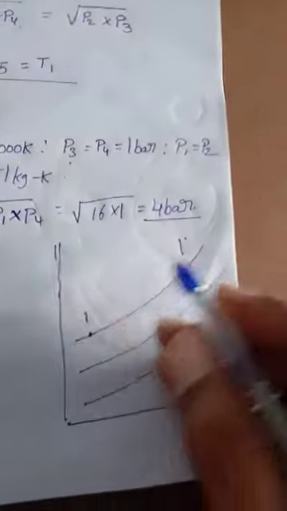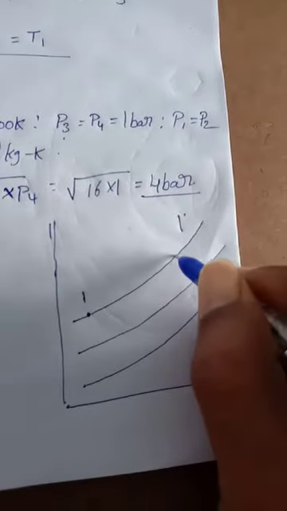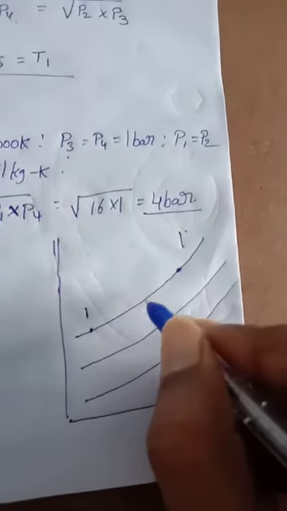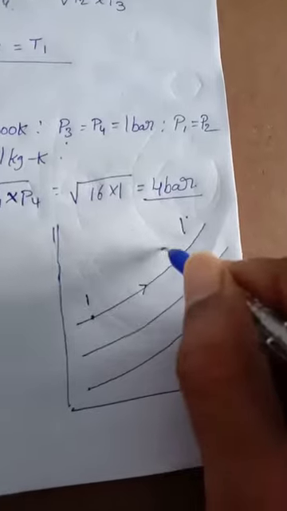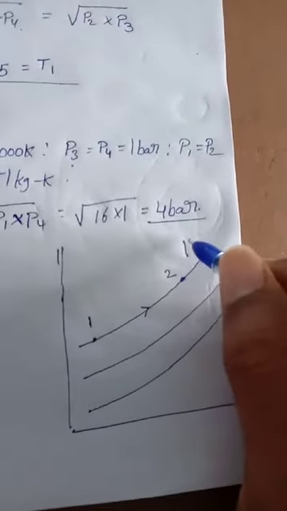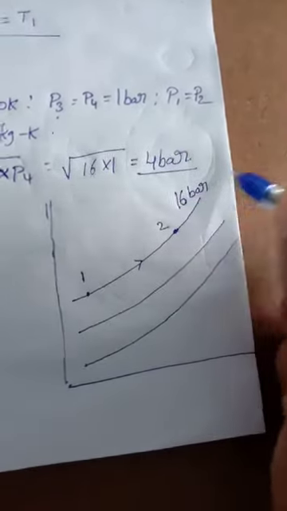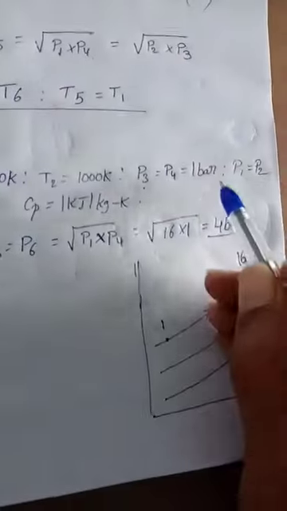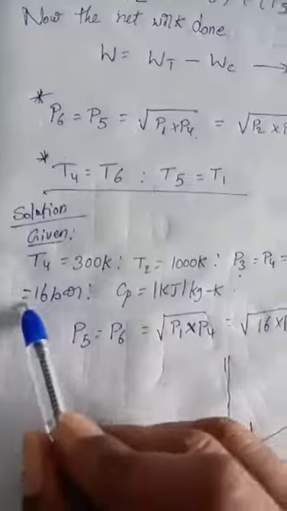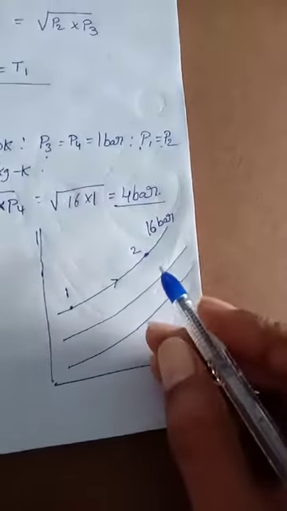So now see here, point 2. The pressure here is 16 bar. P2 is equal to 16 bar. So then I can write here 16 bar.